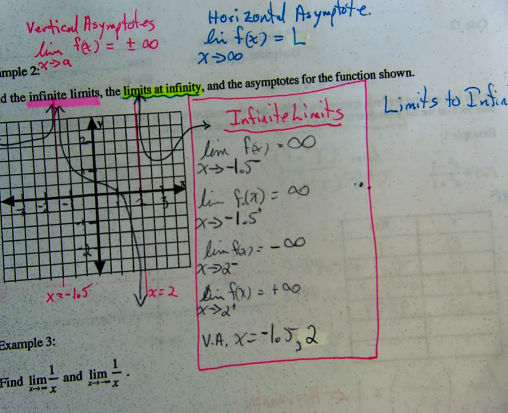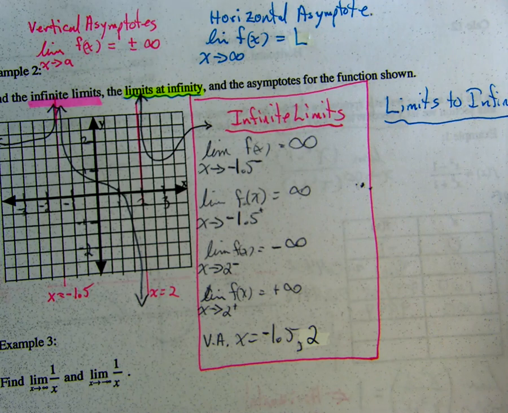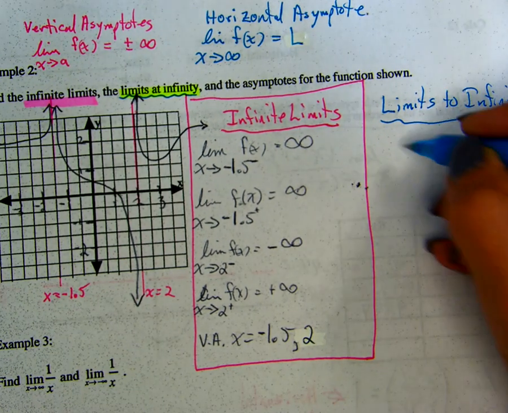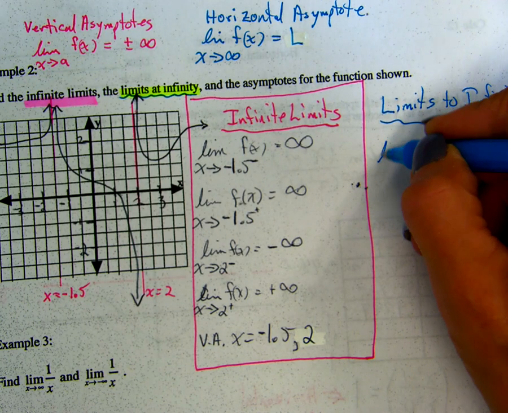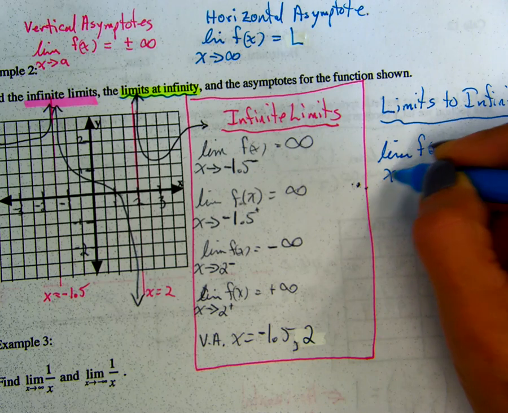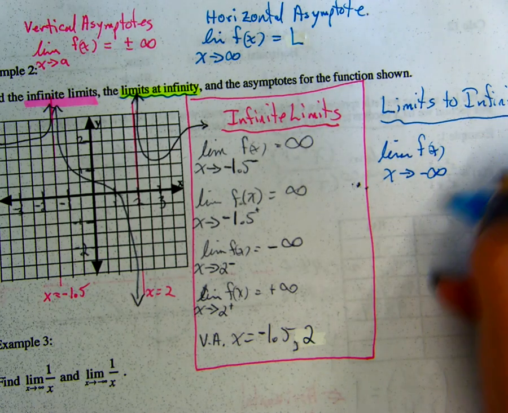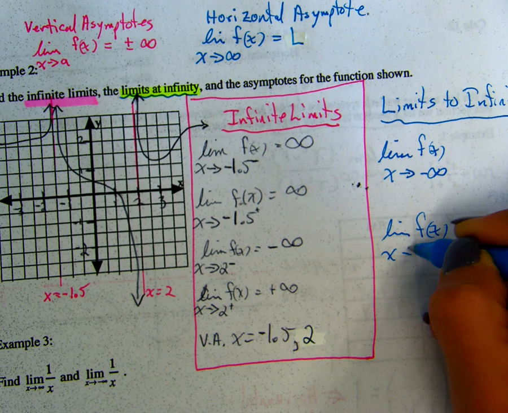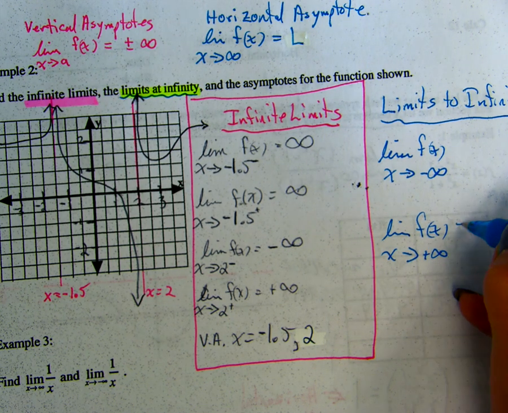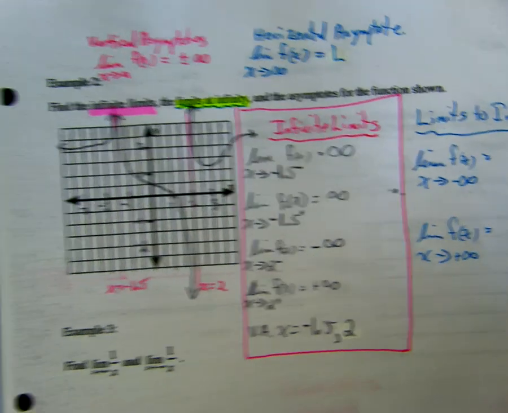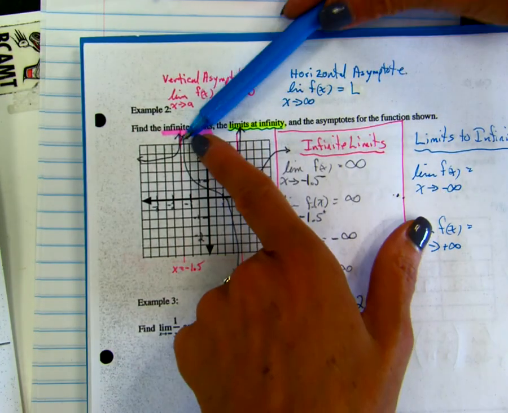Now let's look at limits at infinity. In your class notes, you'd be looking at one limit for this function as x goes to negative infinity, and another limit for this function as x goes to positive infinity.